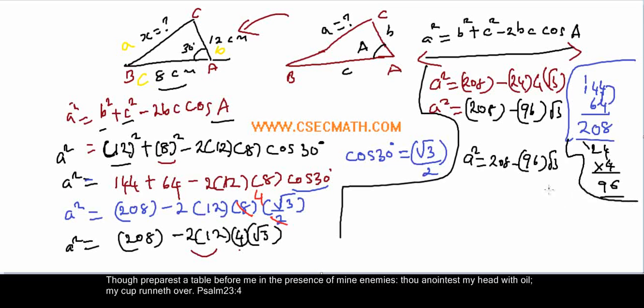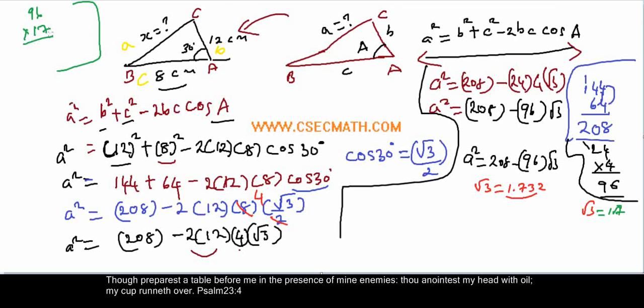Now if you are permitted to use a calculator, then you can use it. If not, there are some standard values which you can use, because the value of root 3 is 1.732. I'm just taking the value of root 3 as 1.7. So first I'm going to multiply 96 with 1.7. Actually you can just multiply 96 with 17, and then place the decimal.